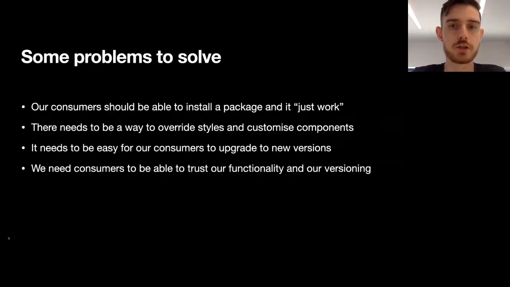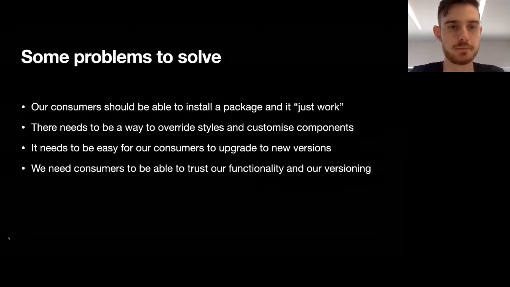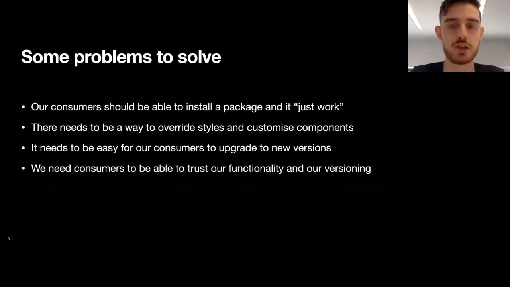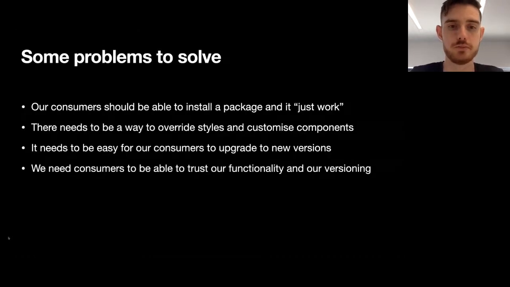And to some degree, these are the case for all libraries. If you're distributing a library, the problems are a little different to if you're building an application. In our case, some of these are slightly more exaggerated due to the fact that what we're building is so visual. So what were the architectural decisions or the technical decisions that we took to solve some of these?